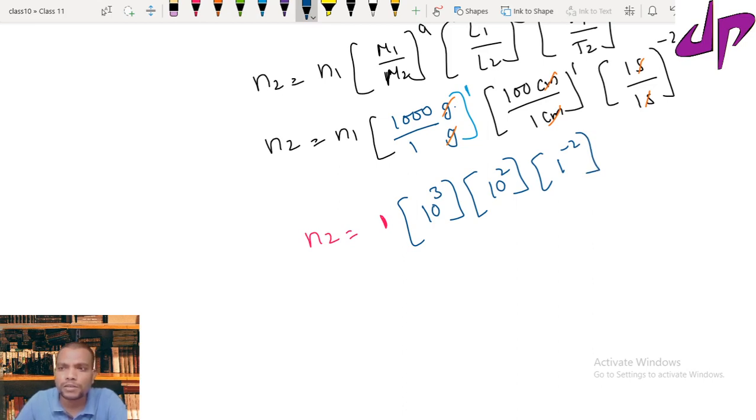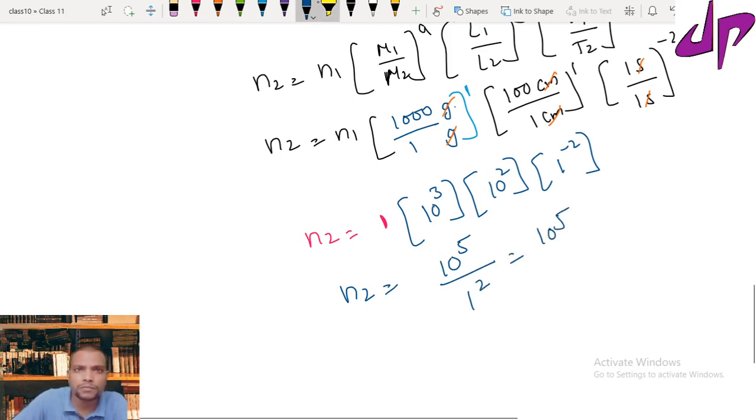So N2 equal to, if you multiply everything, 10 power 3 and 10 power 2, it becomes 10 power 5, upon denominator 1 square. So it always gives the value of 10 power 5. So now we got the N2 value equal to 10 power 5.